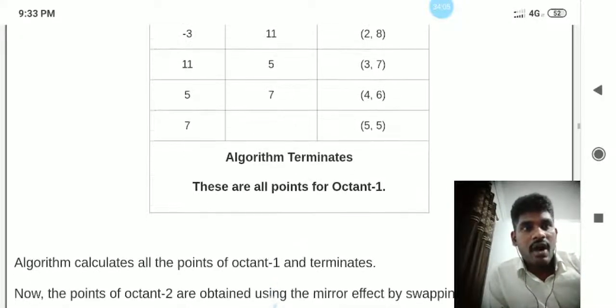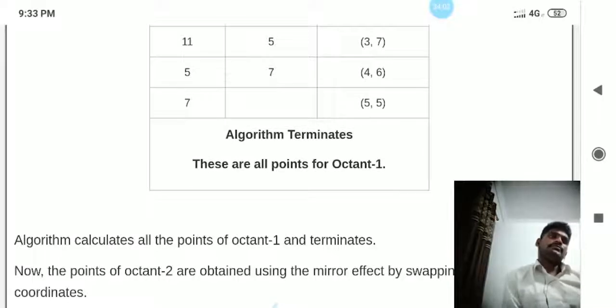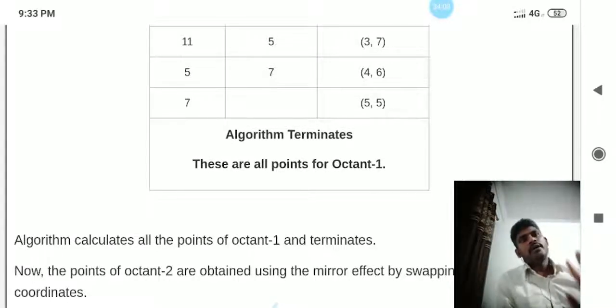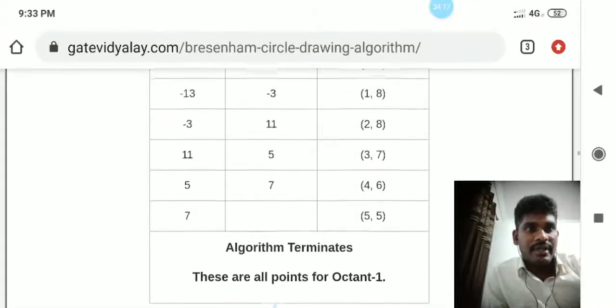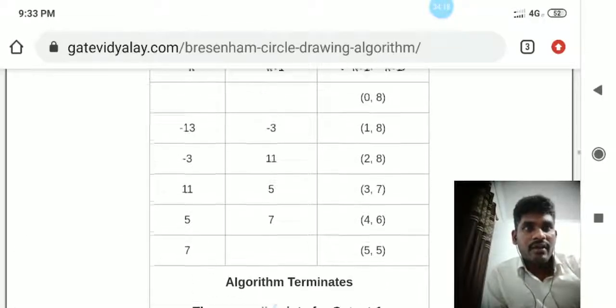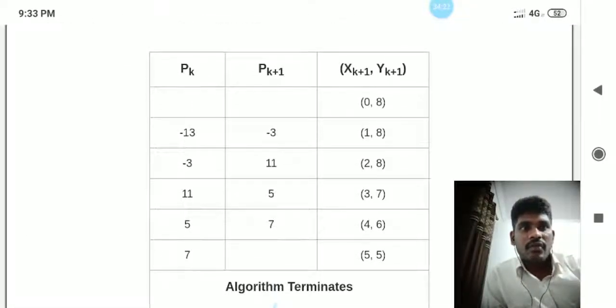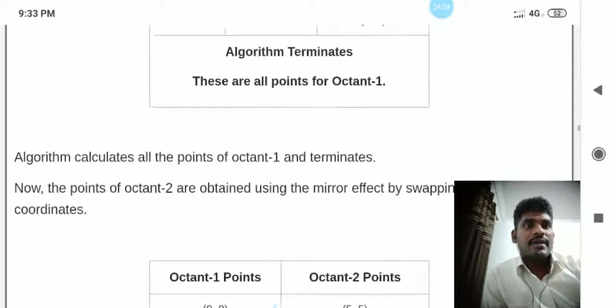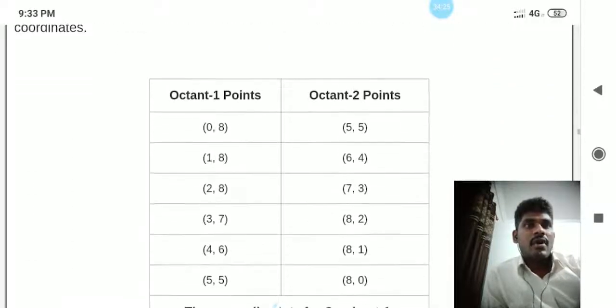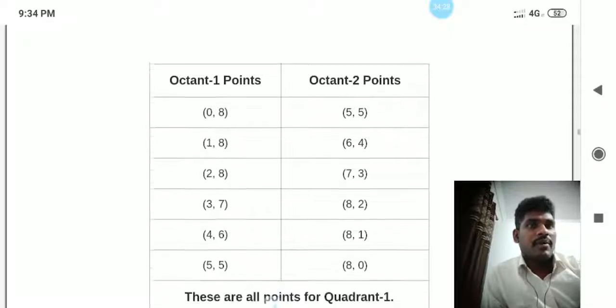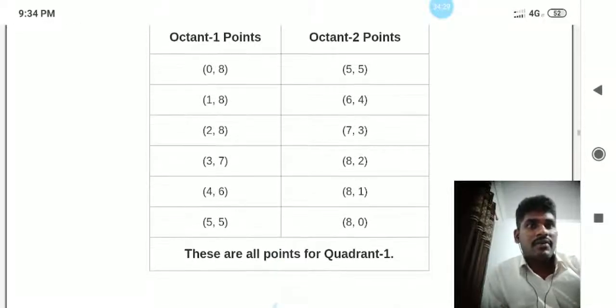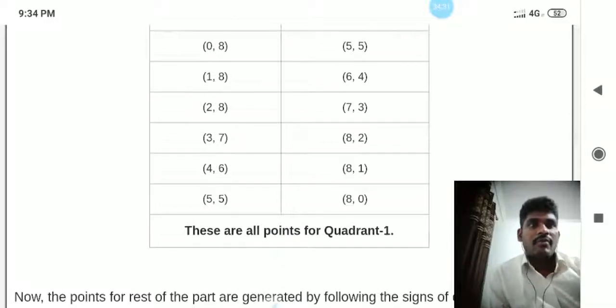These are all points of octant 1. Octant 1 is completed. 1, 2, 3, 4, 5, 6. The octant points are 0, 8, 1, 8, 2, 8, 3, 7, 4, 6, and 5, 5.